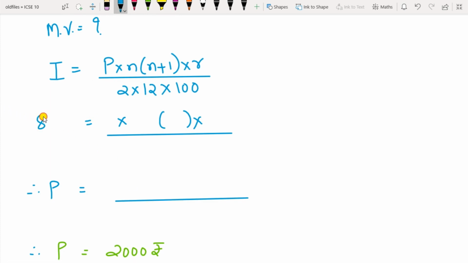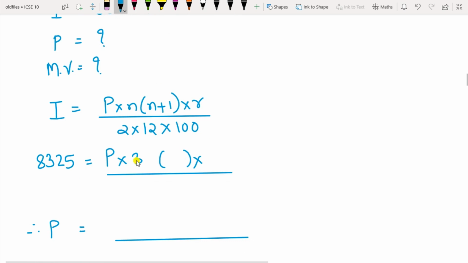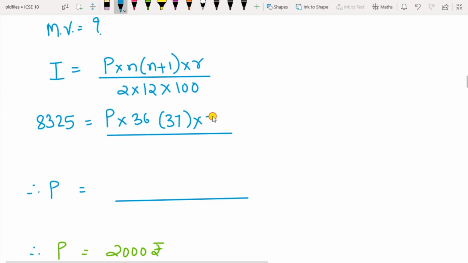Here I is 8,325 and P you have to find. n is given as 36, so this is 36 and 36 plus 1 is 37, into R given as 7.5, upon 2400.